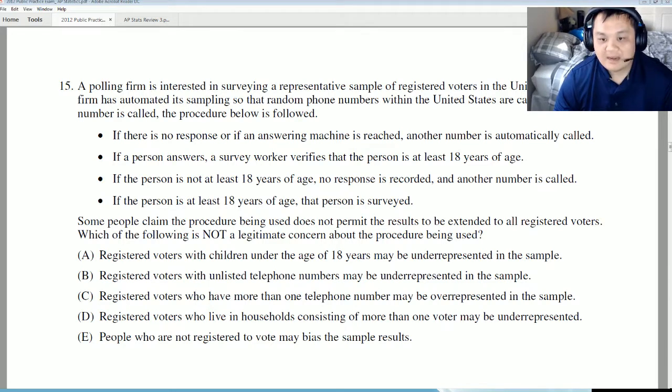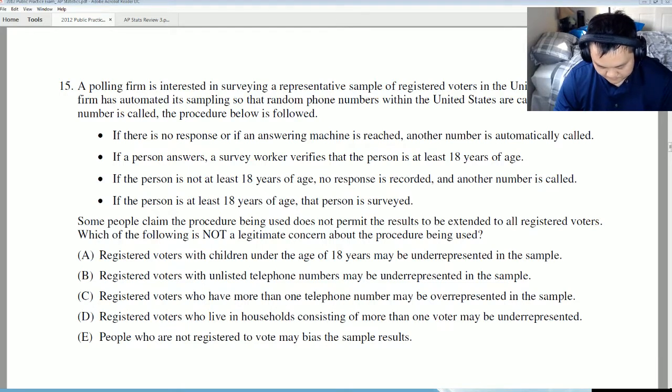Now, there are some registered voters who do not have phone numbers. Therefore, if you use this method, you're ignoring everyone who did not have a phone number that can vote. That's why B is a concern.